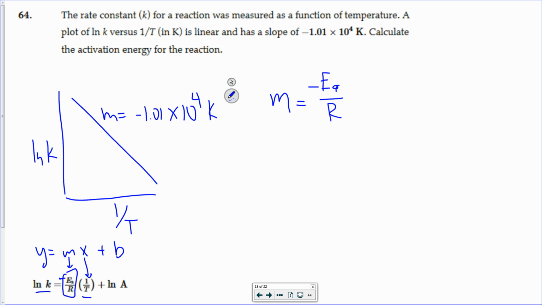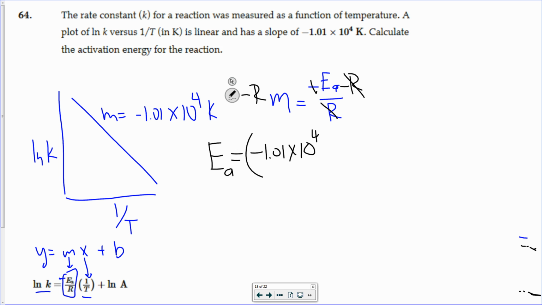All right, so if we want to know what the activation energy is, we need to multiply both sides by negative R. So the negative would cancel out. Negative, negative make a positive. The R's cancel out. So the activation energy is just equal to the slope, which is 1.01 times 10 to the 4th, times a negative 8.314, the value for R. And we're going to get the answer in joules per mole.